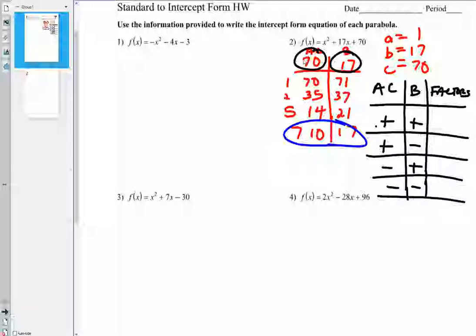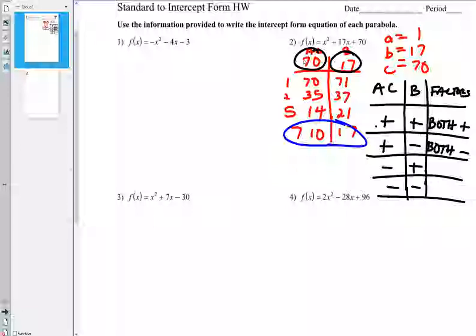Have you ever seen two negatives add up to a positive? I haven't. So this one would have to be both positive. Which would mean that if I have a positive multiplication but a negative addition, those would have to be both negative.